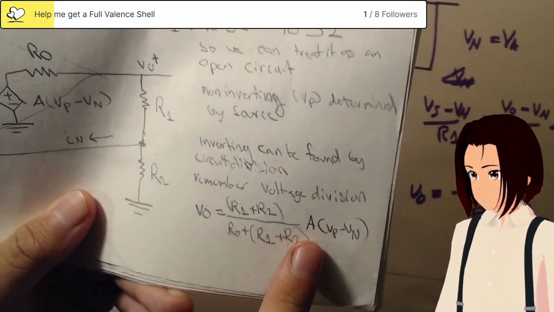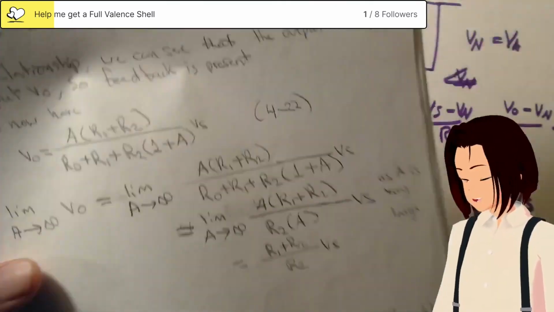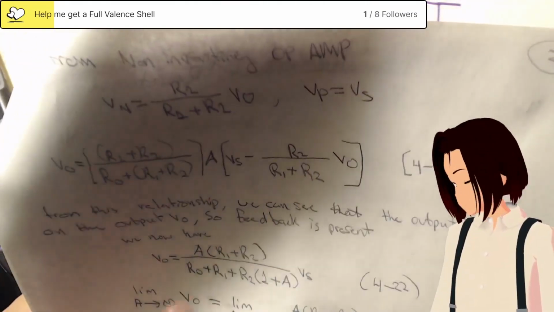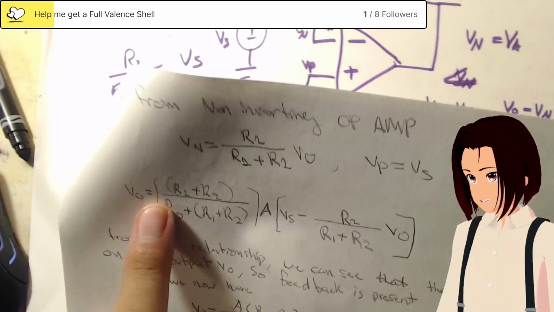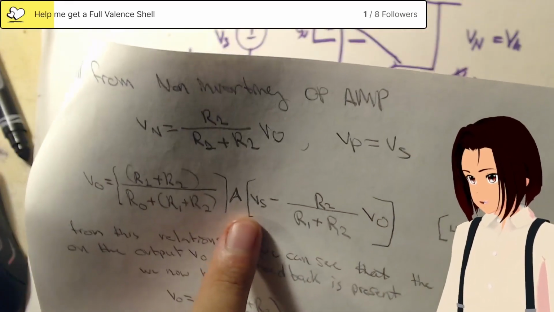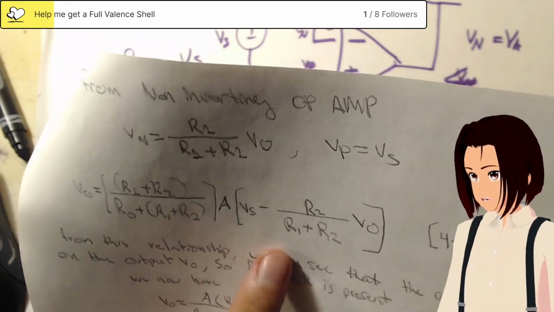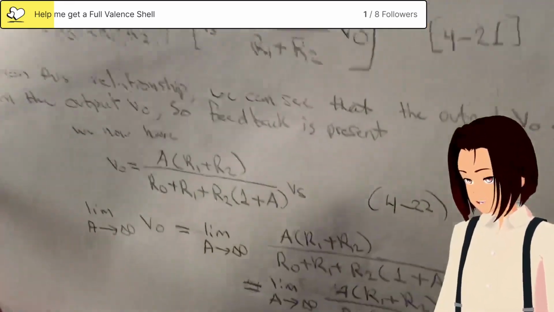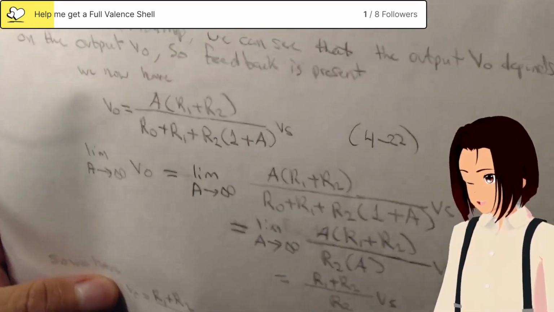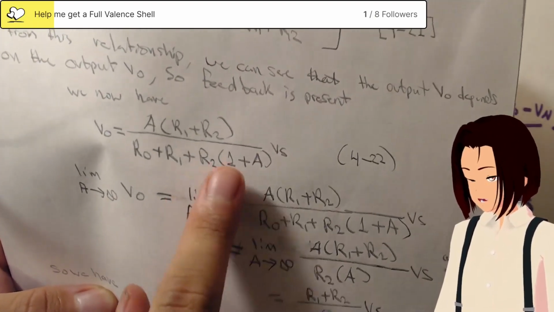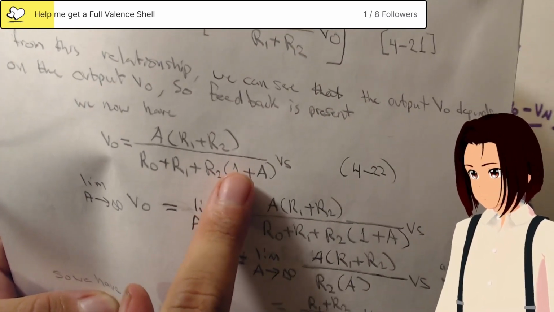There's A. Now if we keep doing algebra, V out is an expression of A and Vs, plus another expression for V out because of the feedback. If we do more algebra, we get the A right here. And now we take the limit as A goes to infinity of V out. In an intermediate step we have the A, and basically the R0 and R1 terms are small and go away.